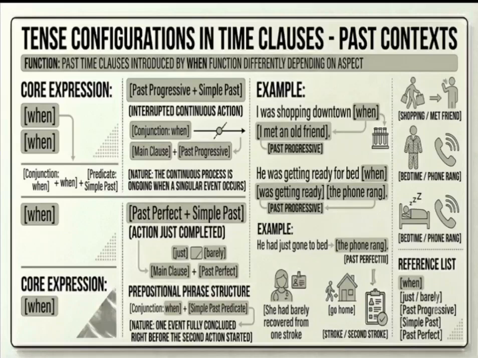Here, a continuous process was already ongoing in the background when a sudden single event interrupted it. We pair the past progressive with the simple past. For example, I was shopping downtown when I met an old friend. The shopping was the continuous wave. Meeting the friend was a single point that intersected it.